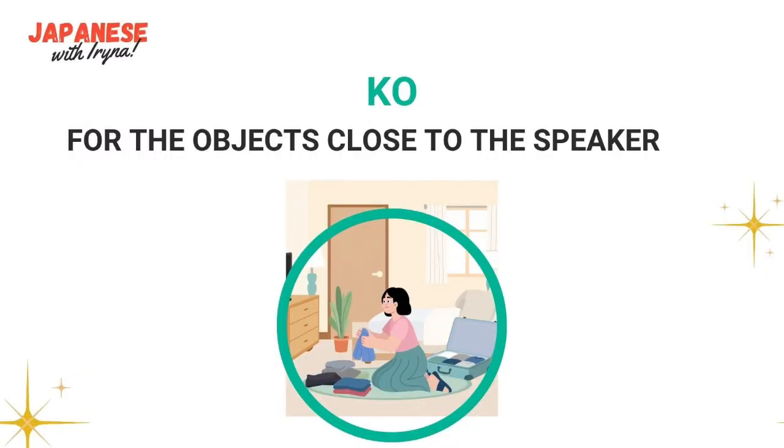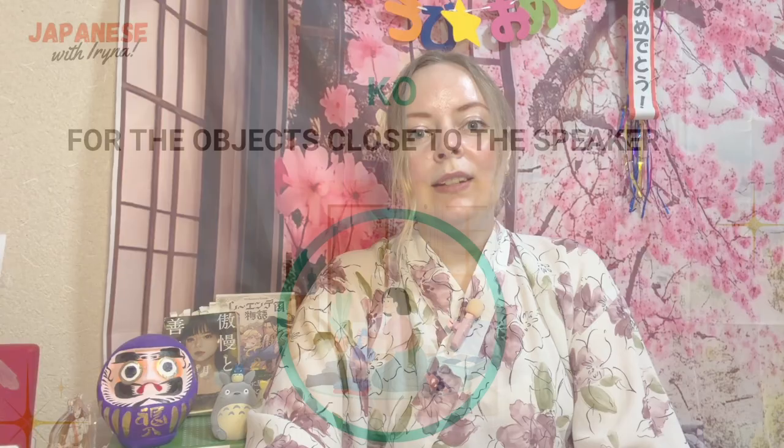Words that start with ko are for objects that are close to the speaker. So something close to me will start with ko.